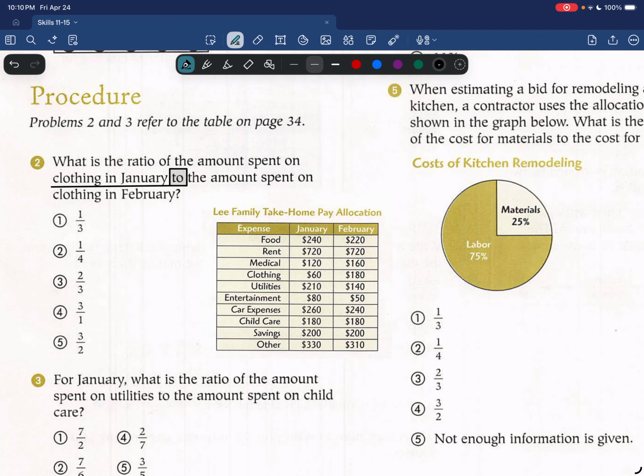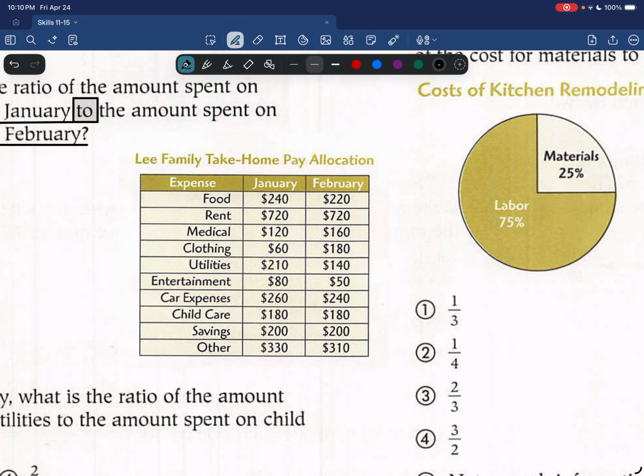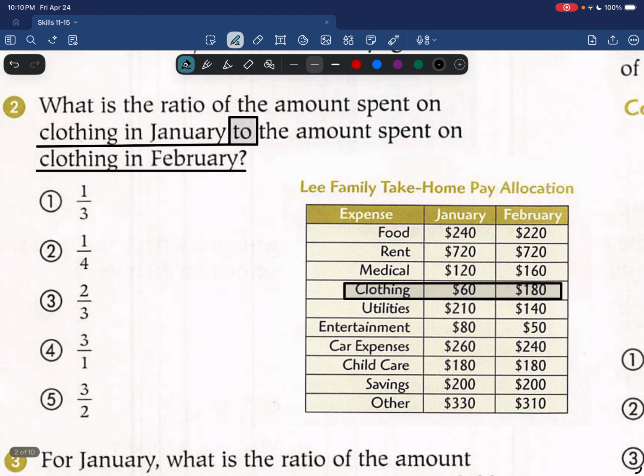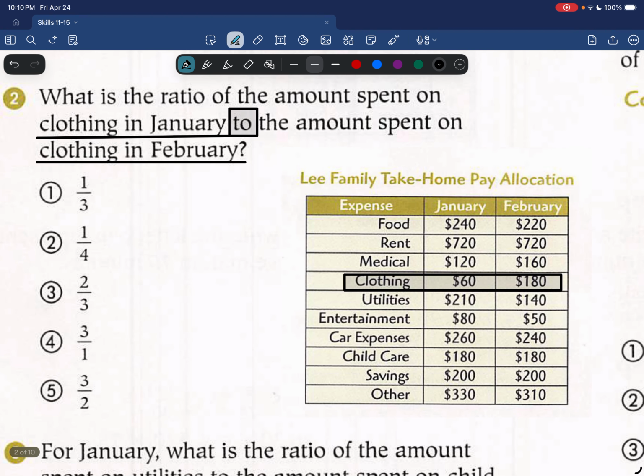And behind the word to, we have clothing in February. So the numbers we want to look for are clothing numbers. That would be these. And then I have to be very careful that I put January first because that's what the question asked me for. January to February.